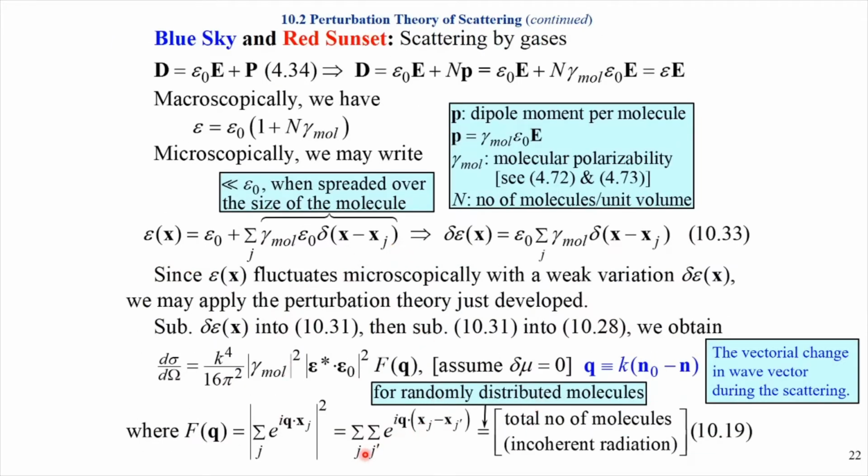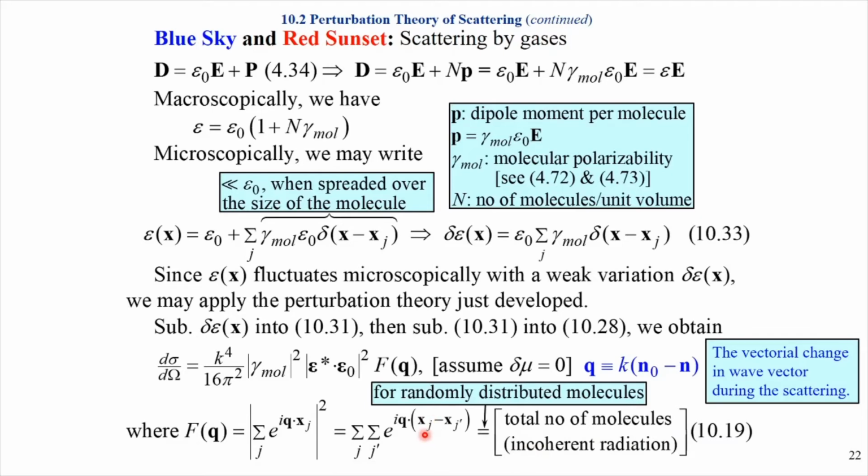And for randomly distributed molecules, just like our case, the molecule is randomly distributed. So this one will be equal to the total number of molecules because they are incoherent radiation.